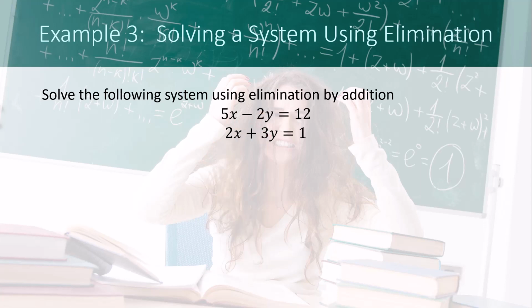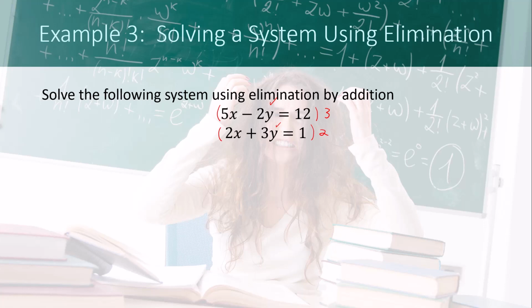If I multiplied this equation by 3, and if I multiply this equation by 2, I will have a coefficient of negative 6 here and a coefficient of positive 6 here. Negative 6 here and positive 6 here. And if I add them together, these equations will go away and I will have an equivalent equation which is a function of x only. Okay, so that's what I'm going to do.